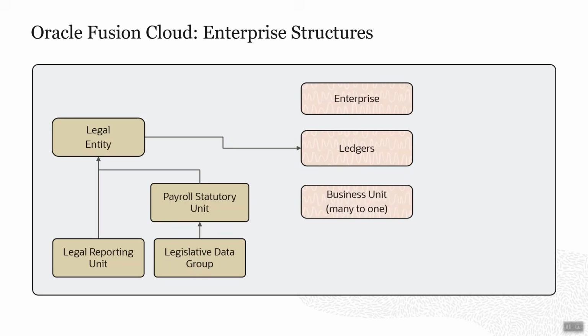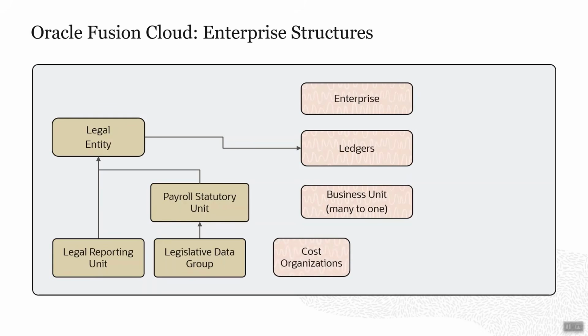A business unit is an organization within an enterprise that performs one or many business functions, which can be rolled up into a management hierarchy. You can use business units for processing transactions, management reporting, securing transactional data, reference data definition, and sharing.